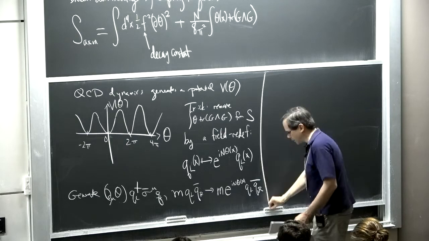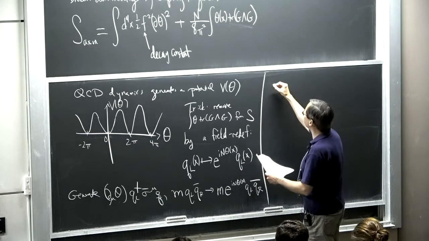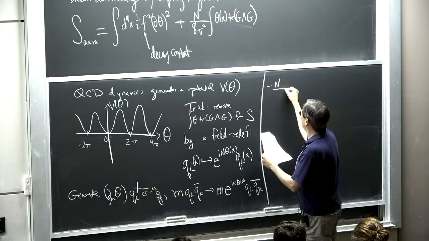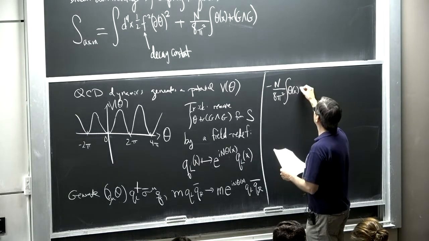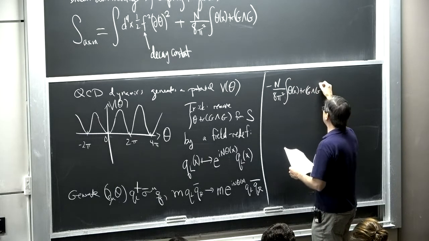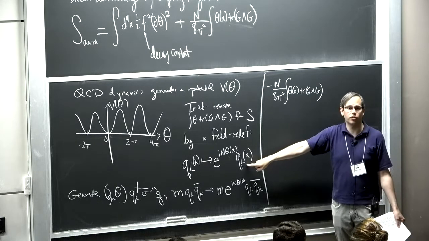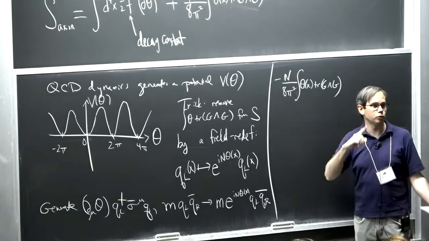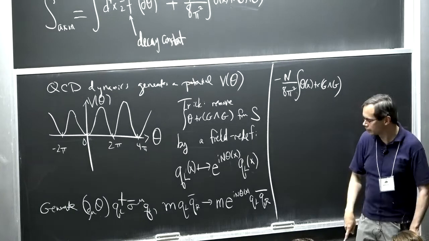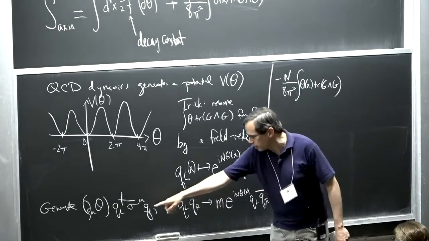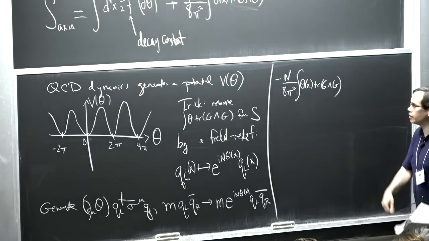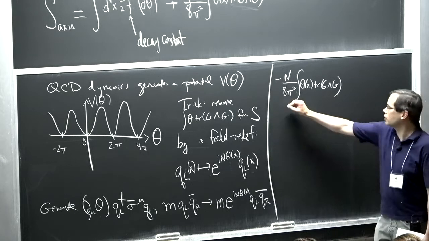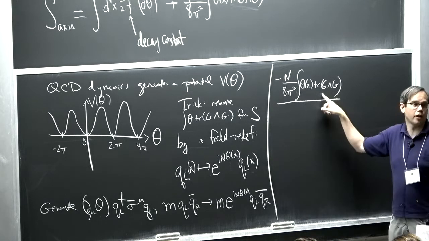And the other thing I get from the anomaly, I get a minus n over 8 pi squared integral theta trace g wedge g. Because I did this rotation on just one chirality of quark, we have the Fujikawa path integral argument that says I don't get the whole answer just by looking at how my action changed. I have to look at how my measure changed. And that's where we ended up at the end of last class. Our measure changes basically by adding a new term to our action that looks like that.